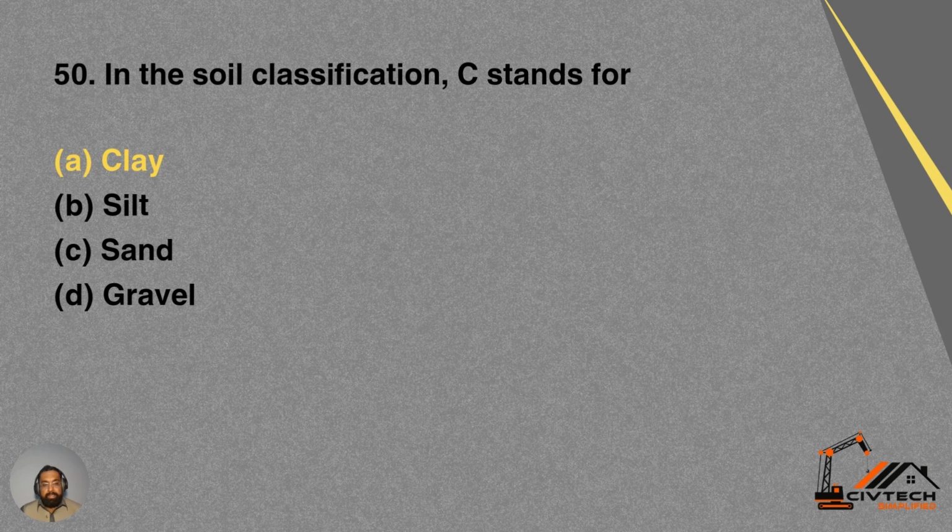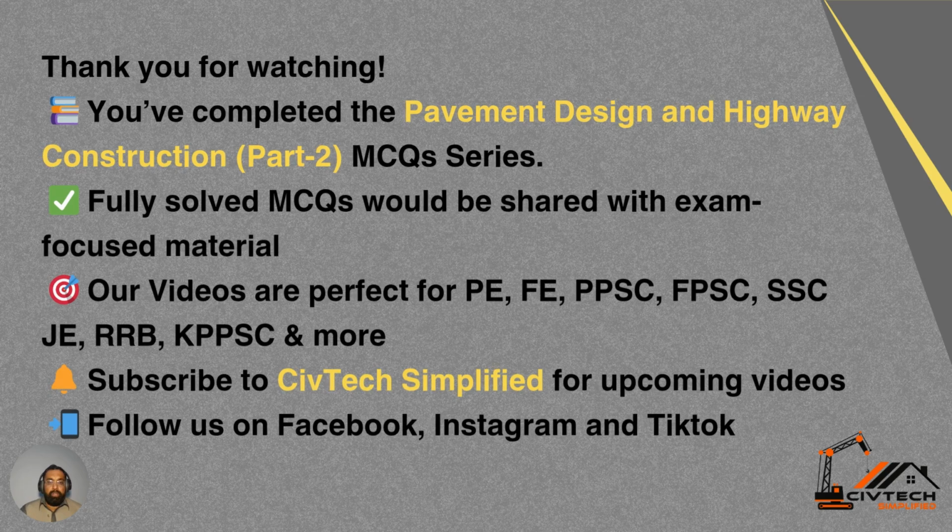S is used for silt, M is used for silt, S is used for sand, and G is used for gravel. So C, M, S, and G, these are the classifications for these types of soil. So C stands for clay, which is option A. A is the correct answer for this question.